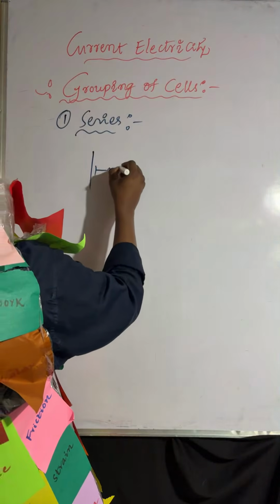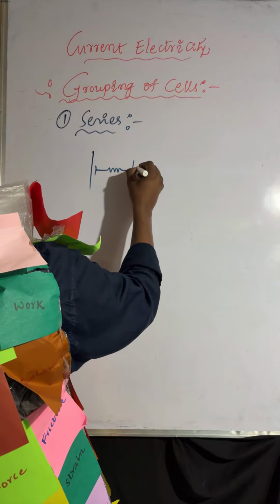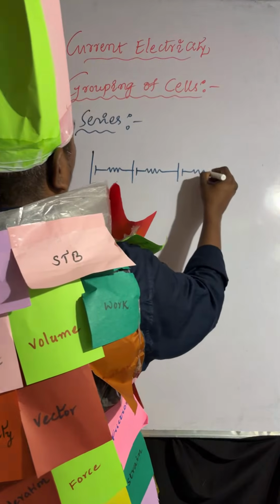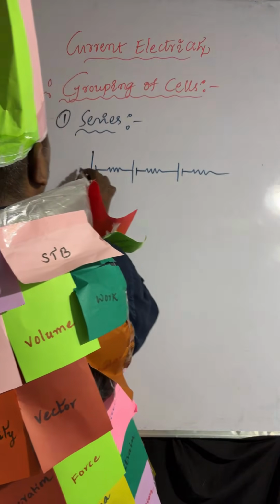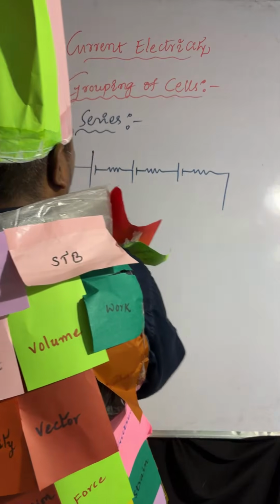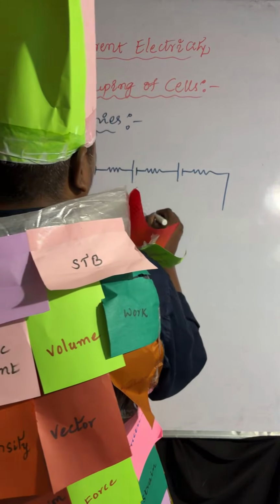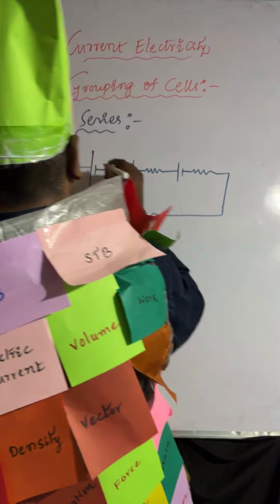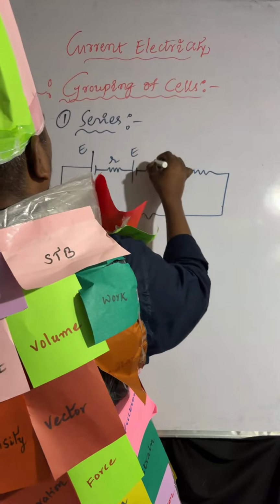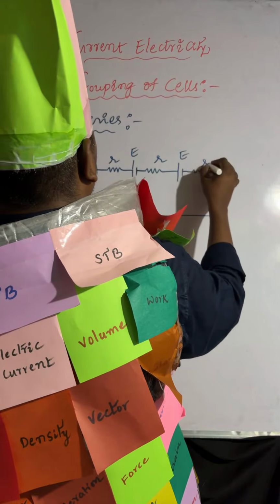This is a cell with internal resistance, again a cell with internal resistance, again a cell with internal resistance. Then that is connected to the external resistance R. So E, r, E, r, E, r.